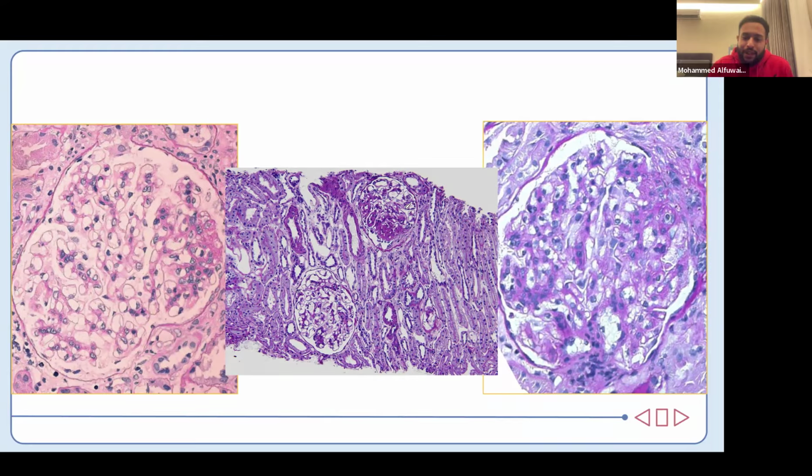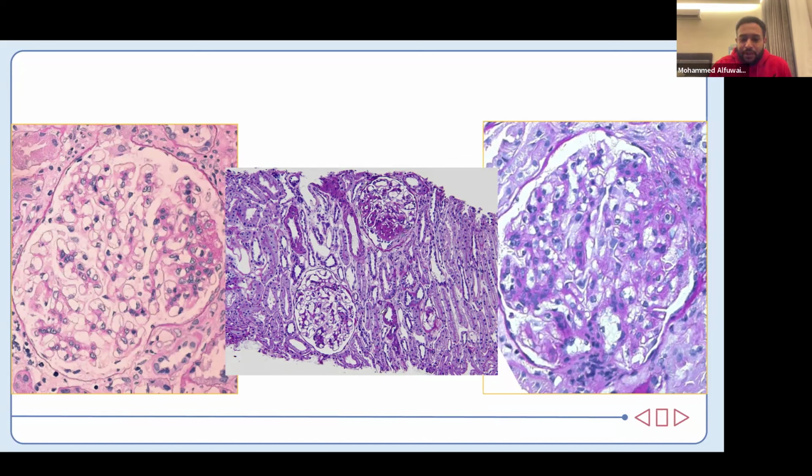So if you look at the glomeruli, is it affecting more than 50% or less than 50%? Less than 50. Why? Is because it's called focal. Good. Now, in the glomerulus itself, is it affecting the entire glomerulus or only a segment of it? Segment. Good. Perfect. So it's only affecting a segmental portion of the glomerulus.